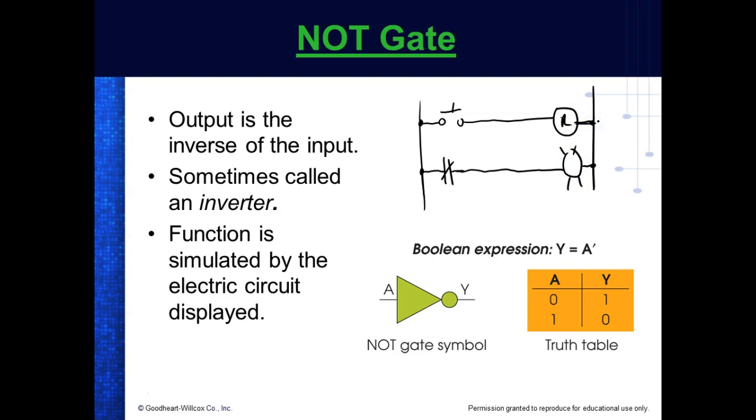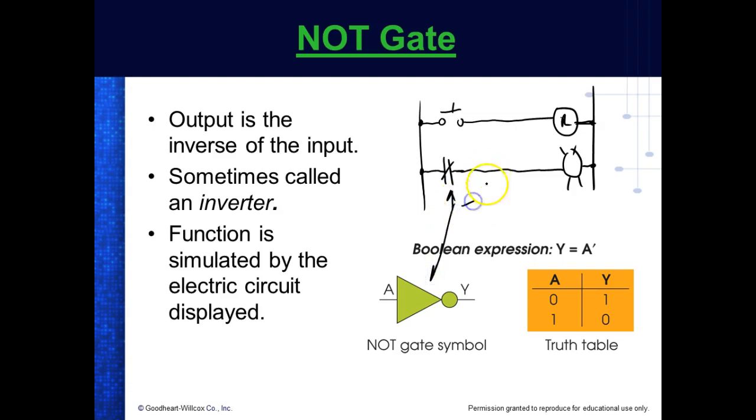So as soon as I put power across L1 and L2, the light's going to come on. When I press the push button, the light's going to do what? Go off. So in relay logic, this guy right here is that guy right there.